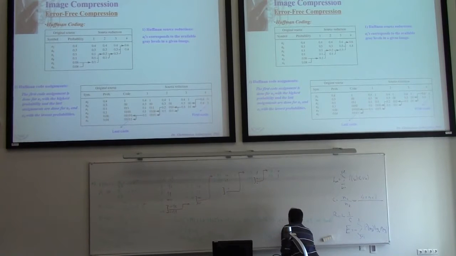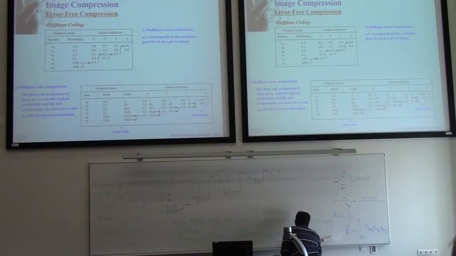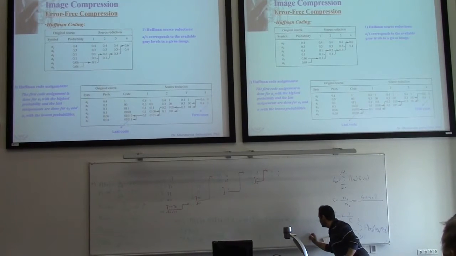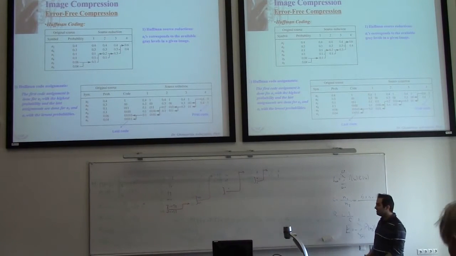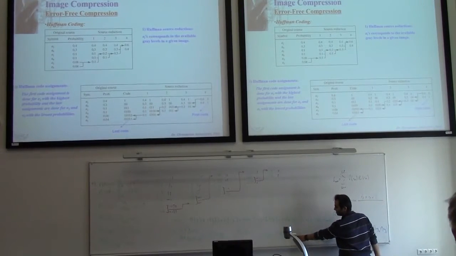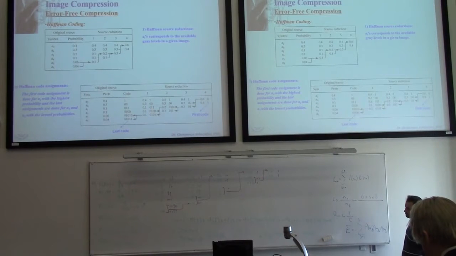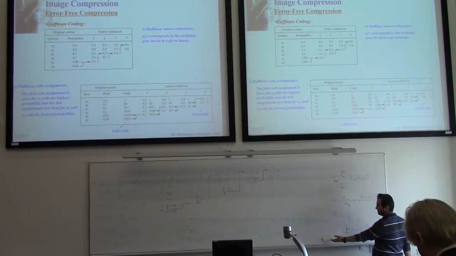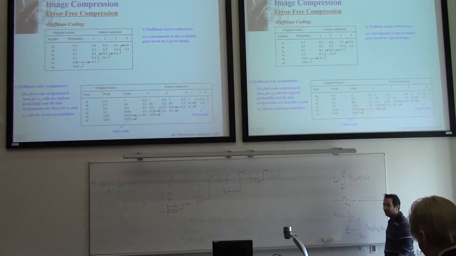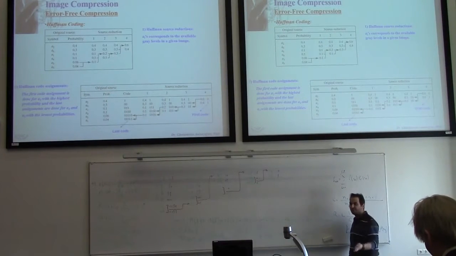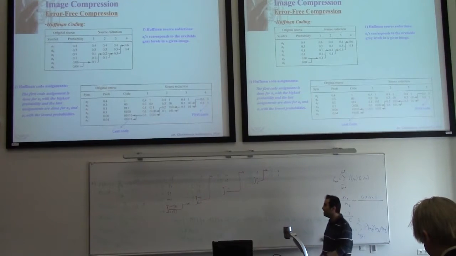That's, we can say that we have 96% data redundancy in our image. And this rate also means that we just have 4% information in our image.